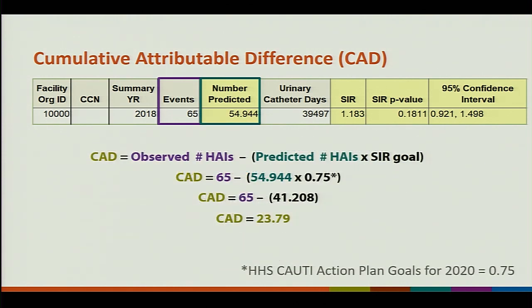So when we plug in that number, let's use the HHS CLABSI Action Plan Goal for 2020, which is 0.75.